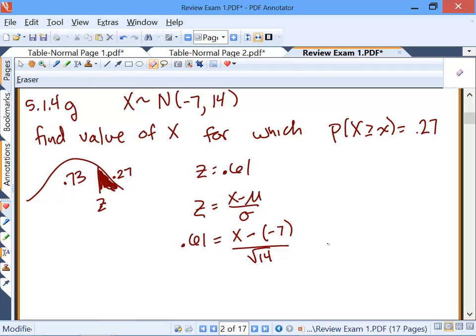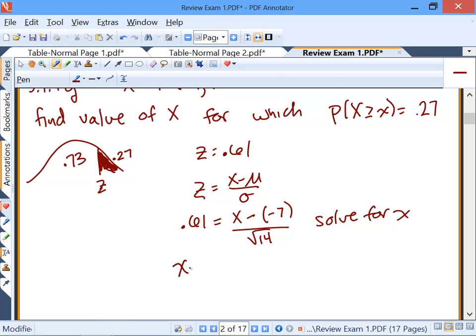And solve for x. So first I have to multiply by the square root of 14, and then that minus the negative became a positive, so I'm actually going to subtract 7. So negative 4.717.